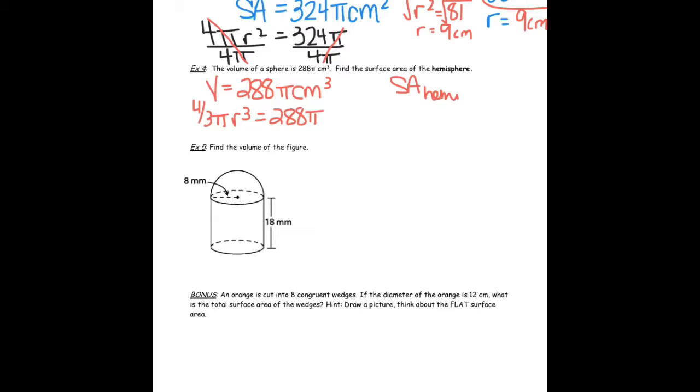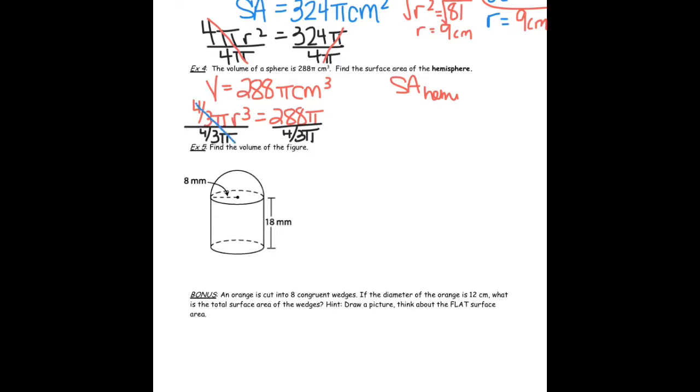So do we divide fractions? I guess is my first question. Not necessarily. Typically we multiply by the reciprocal, but really I'm just going to divide both sides by 4/3 pi, because I need to find the radius.